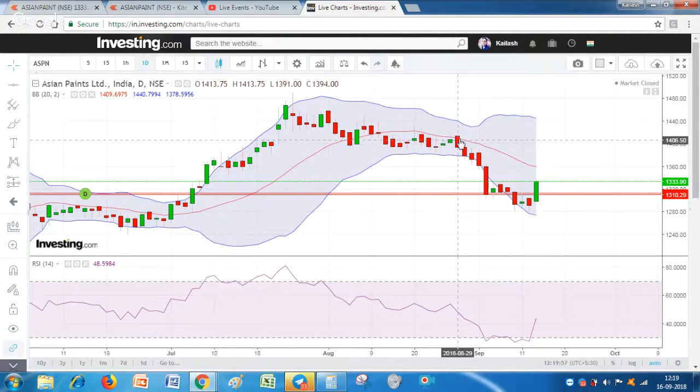The right time to take a sell call is once there is an expansion of the Bollinger Band. So Bollinger Band expansion is at this level. So we would have taken a sell entry at this level of 1392, keeping the stop loss at the previous candle high, 1414 or 1415, and selling below 1392. Okay, and the stock has given a dip to 1290.